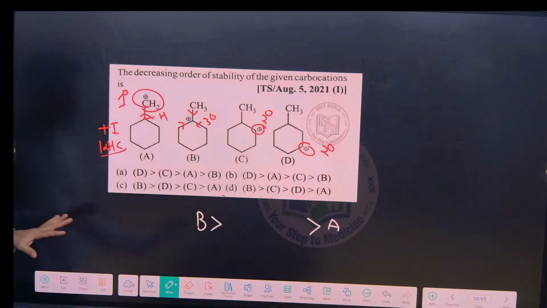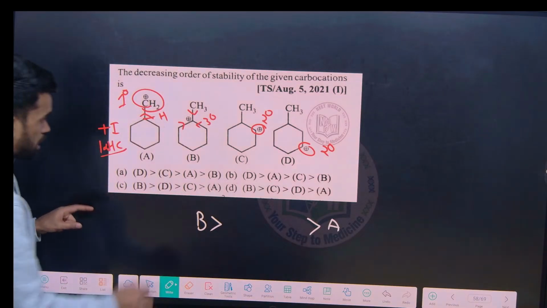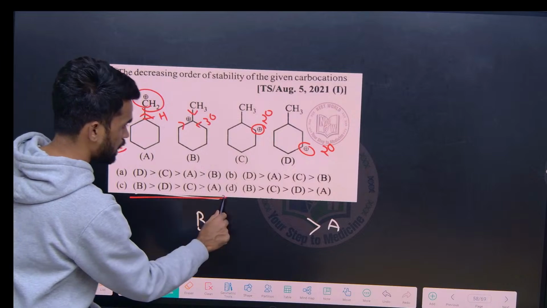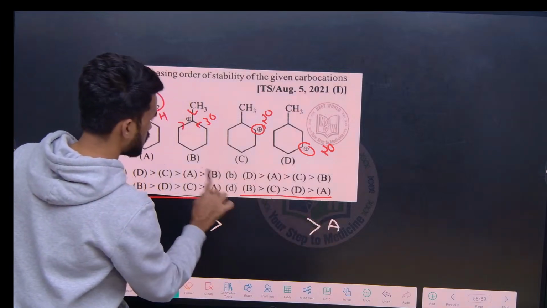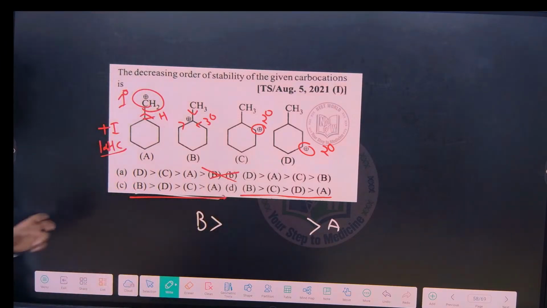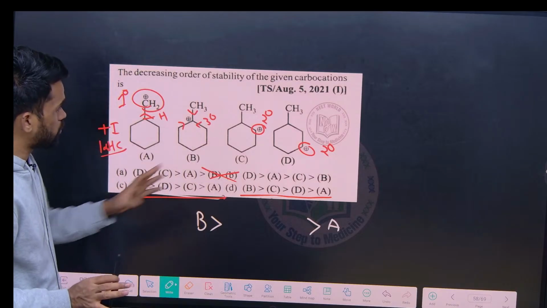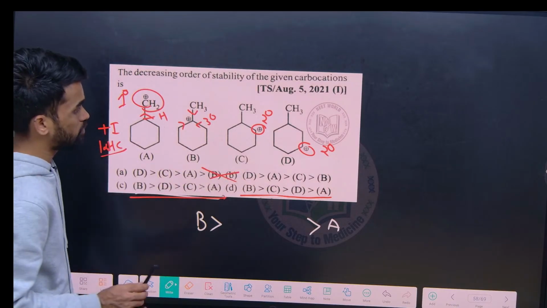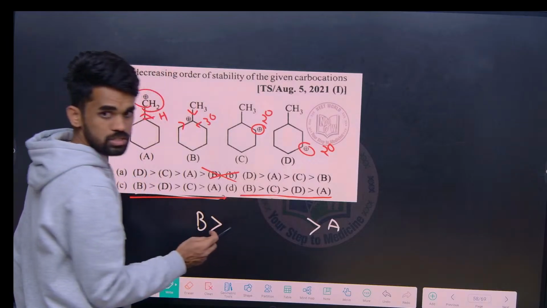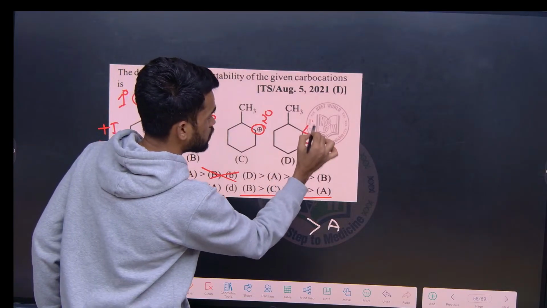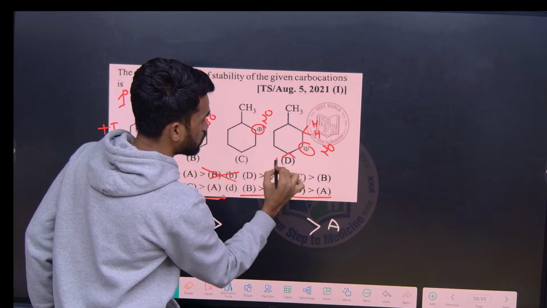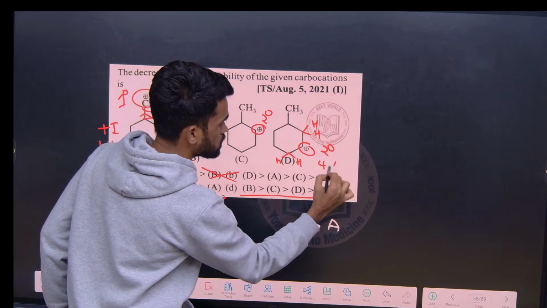So from this also you can conclude your options. B greater, A least. So you can eliminate the first 2 options. Next, between these 2, how can you identify? Just count alpha hydrogens. How many are there here? 1, 2. Here there are 4 alpha hydrogens in total.